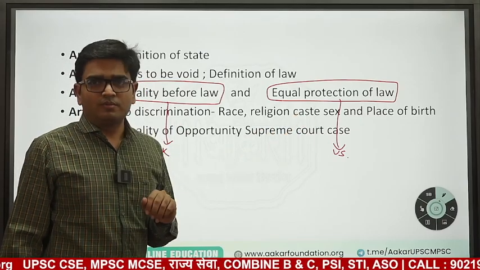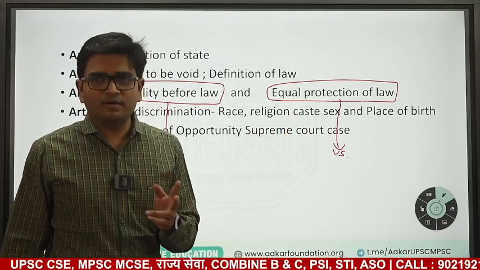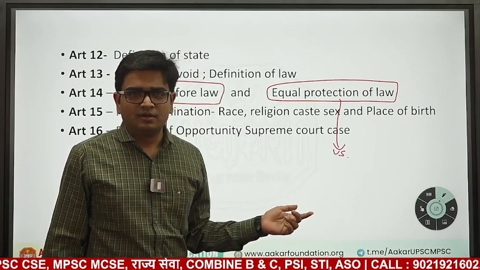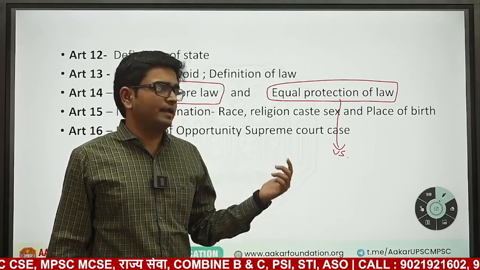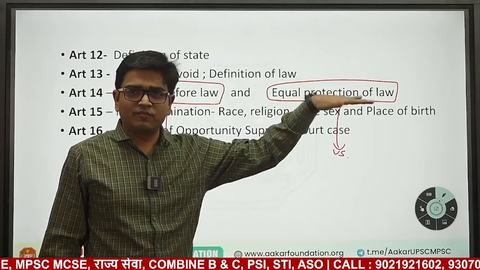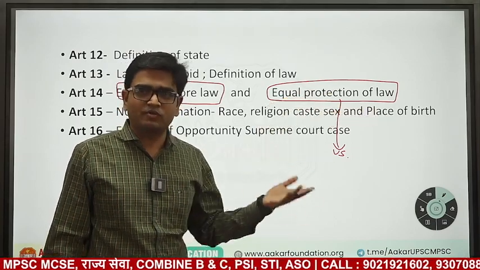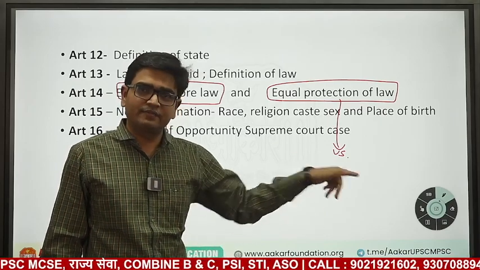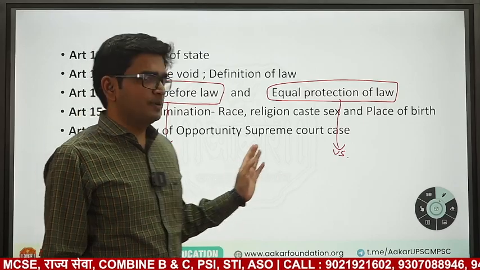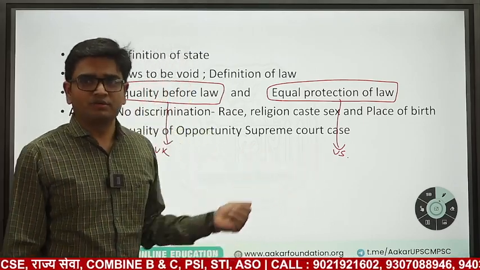Equal protection of law means, for example, in case of civil laws, taxation laws, a person committing a crime in taxation law who has salary above 30 lakhs will fall in a different bracket, and one who has salary below 10 lakhs will fall in a different bracket, so they are to be treated differently. But that is equal protection of law, with respect to their respective position.